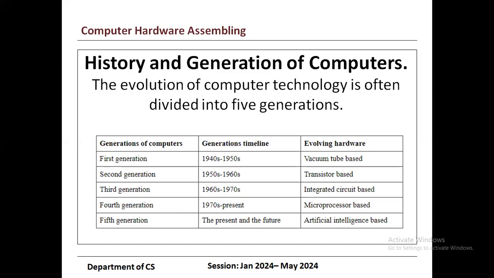The first generation of computers was developed in the 1940s to 1950s, followed by the second generation from the 1950s to 1960s, the third generation from the 1960s to 1970s, the fourth generation from 1971 until the present, and the fifth generation is still being developed.